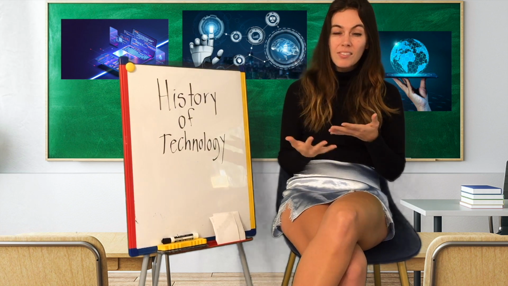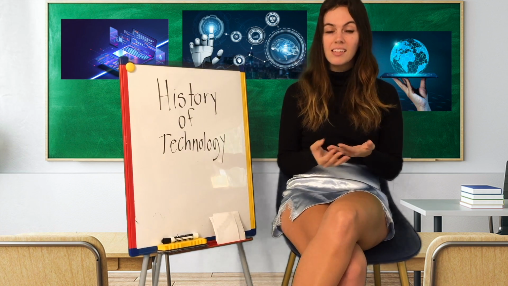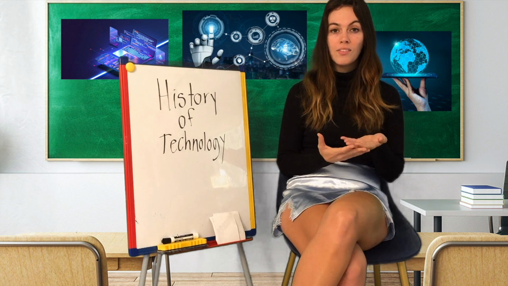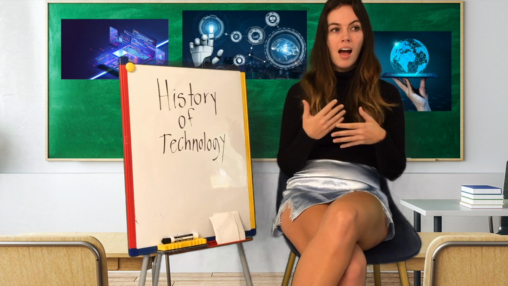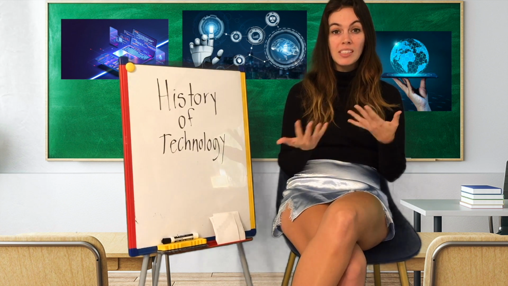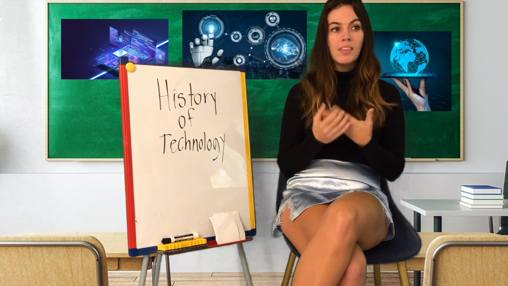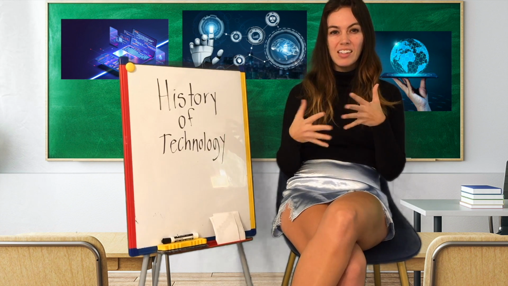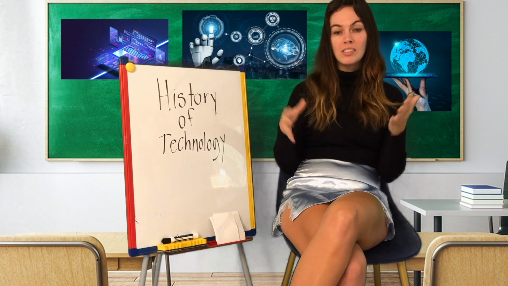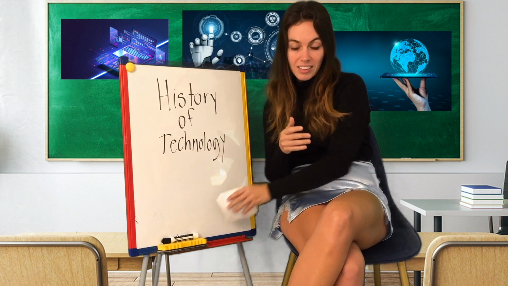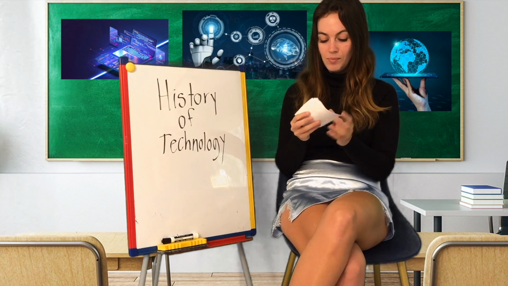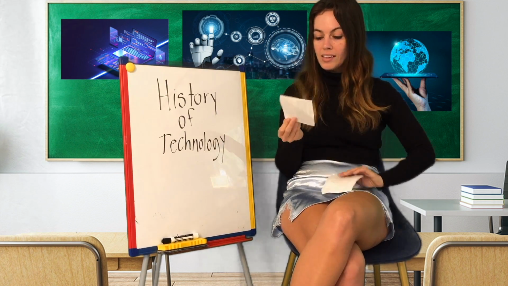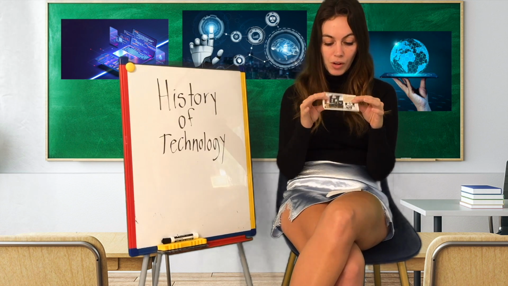So to start discussing the history of technology, we're going to think back to 1450 with Johannes Gutenberg's printing press. You can think of that as maybe one of the first technologies that we've seen. So here is a photograph of that.